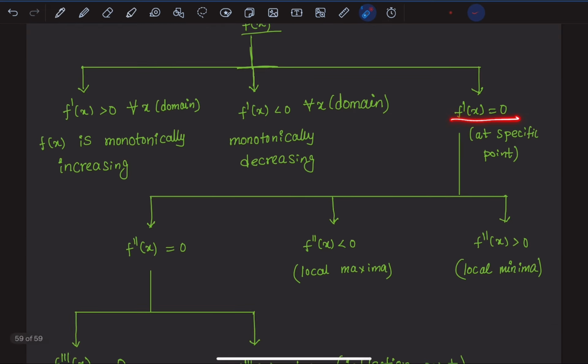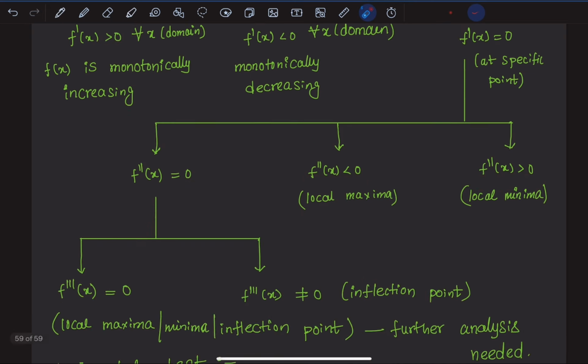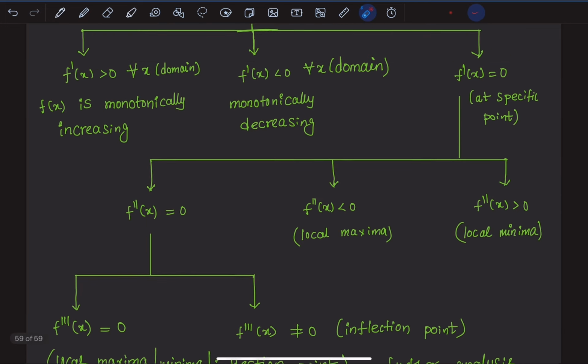If the derivative is equal to 0 at any specific point, at that point we can have three scenarios for the second derivative: it can be 0, it can be less than 0, or it can be greater than 0.